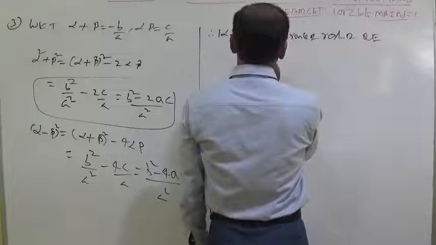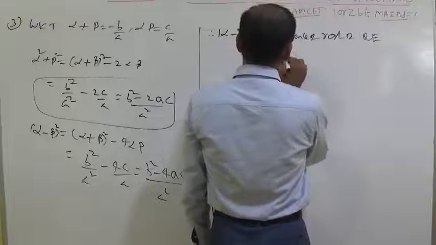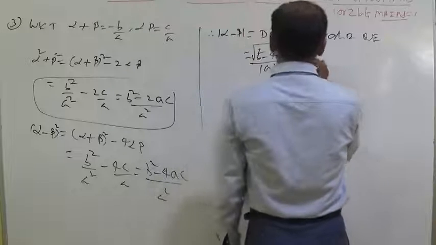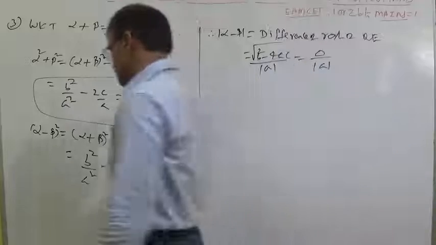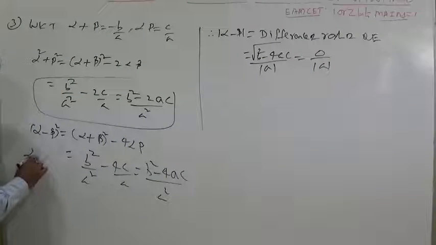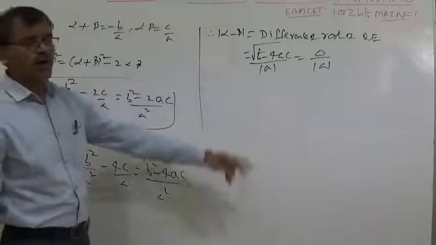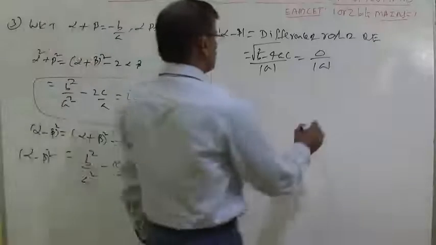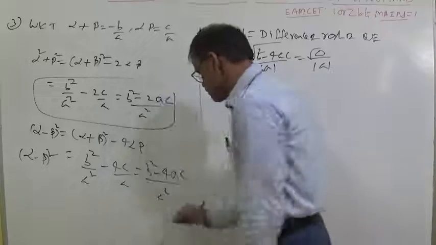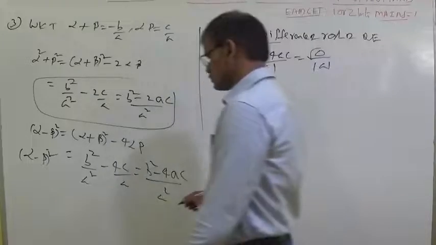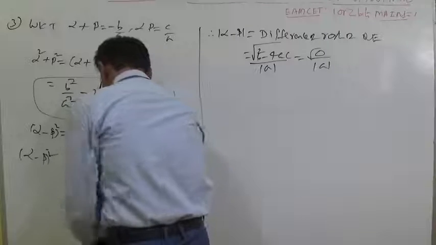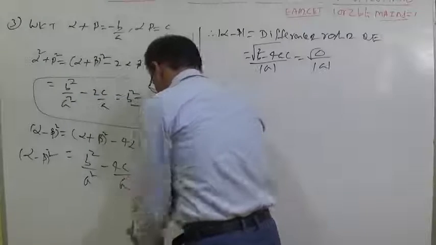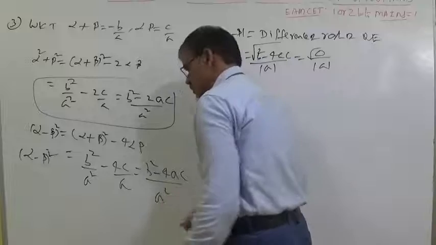You can write this as root of b square minus 4ac by mod a, because we had written alpha minus beta whole square. If you need mod alpha minus beta, you can write root delta by mod a, because this is a square in the denominator.